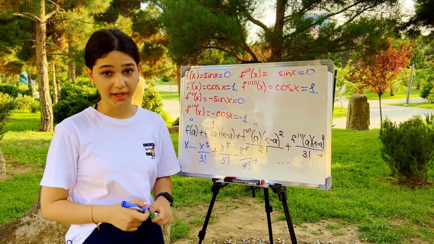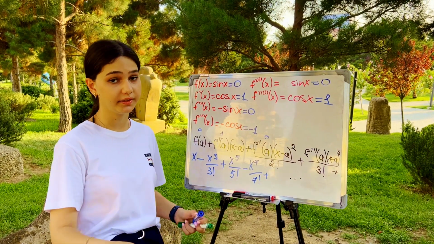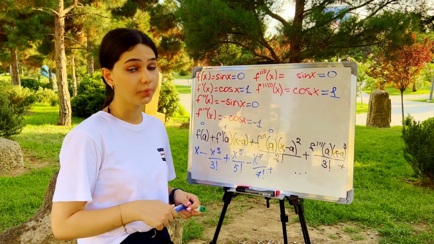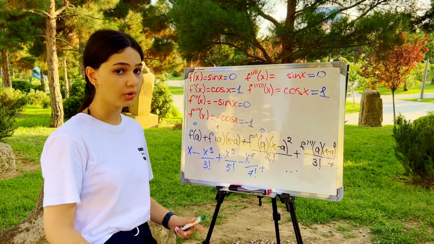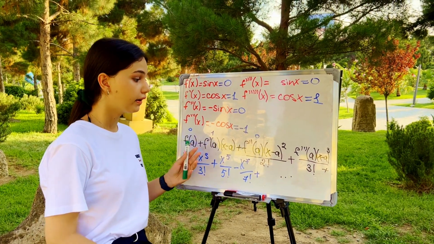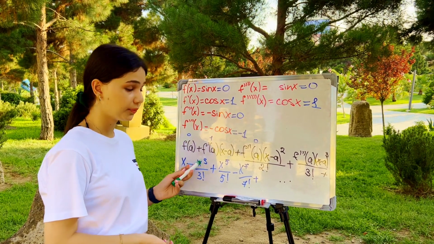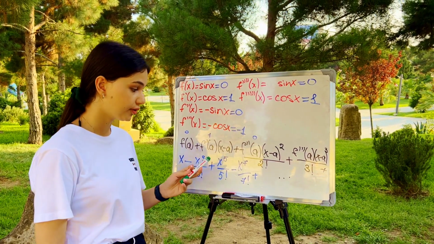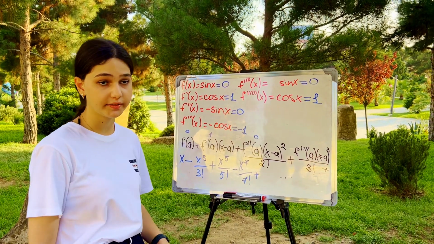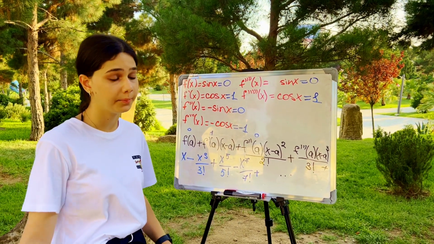You can catch the pattern. If you know it, pause the video, think for yourself, and write in the comment section below what you think will be the continuation of it. So you can see that all even powers are eliminated. We do not have second power, fourth, sixth. We started from first, third, fifth, seventh, and we'll continue with 9, 11, 13, 15, and so on, infinitely many times.